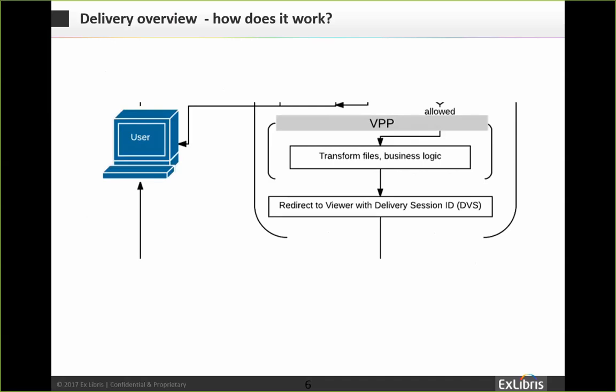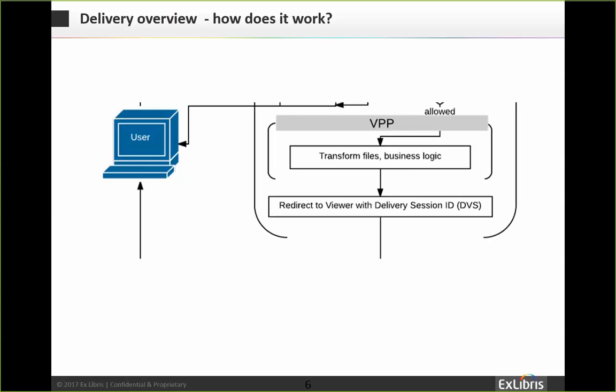This viewer preprocessor is a plugin, and we'll discuss it later on, but it's a plugin that will be used in order to do some kind of processing on your files before the delivery itself, and we will execute this VPP at this stage. So it might be transferring the files, some kind of business logic or something like that.